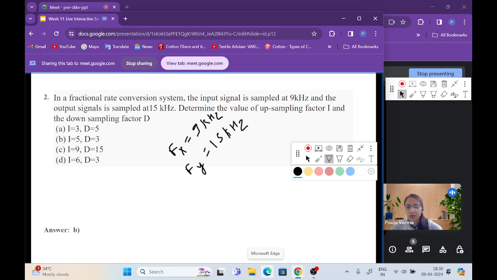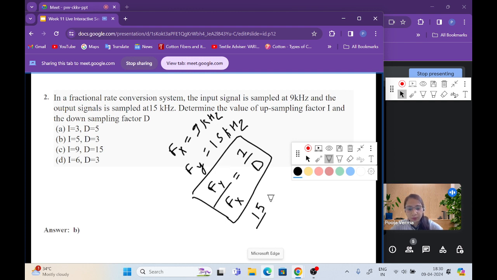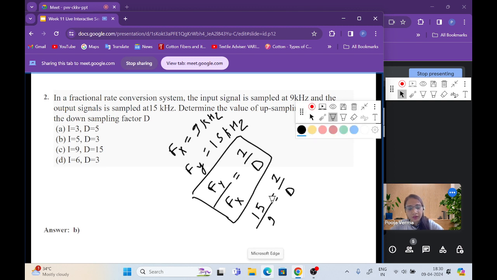So as we know, the relation for fractional rate conversion is Fy divided by Fx equal to I by D. Now the output sampling frequency is given as 15 kHz and input sampling frequency is given as 9 kHz, that is I by D. If we normalize this, what we will get? 5 by 3, right, is equal to I by D. So what is the interpolation factor and decimation factor?